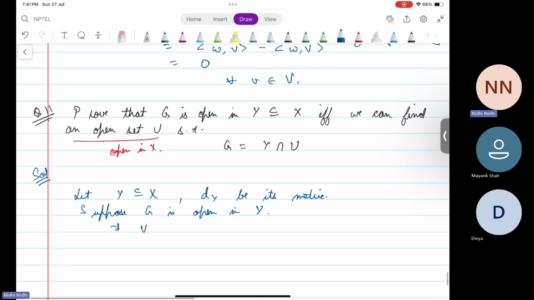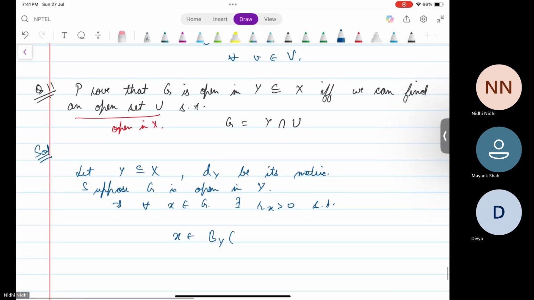This implies for any x in G, there exists some r_x positive such that x belongs to the ball in Y around x with radius r_x, which is contained in G. So that's how we define the open set.